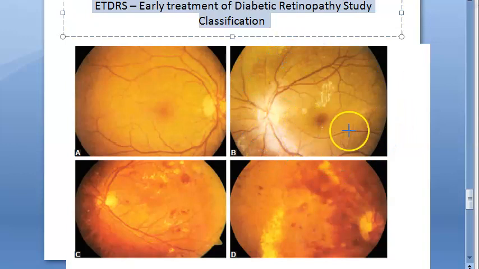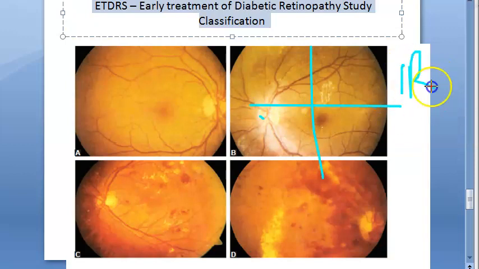In moderate NPDR, in 2 or 3 quadrants, microaneurysms, hemorrhages, intraretinal hemorrhages can be there. Early mild IRMA can be there. What is IRMA? Intraretinal microvascular abnormalities, right? So some early mild IRMA, hard exudates may or may not be present, and you should have these cotton wool spots.